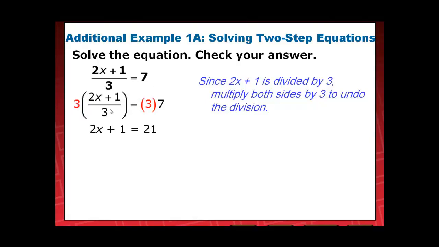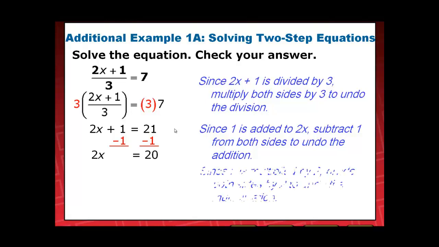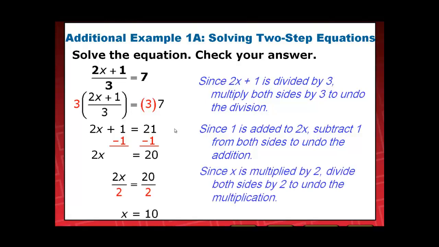So it will be 2x plus 1, and 3 multiplies 7 equals 21. Let's do our steps again. We will take out 1 from both sides by subtracting 1 on both sides, and then 2x is multiplication, so we will divide on both sides. It will be x equals 10.